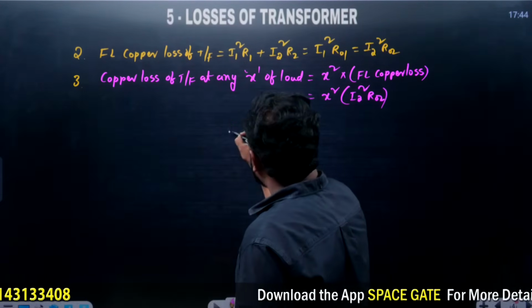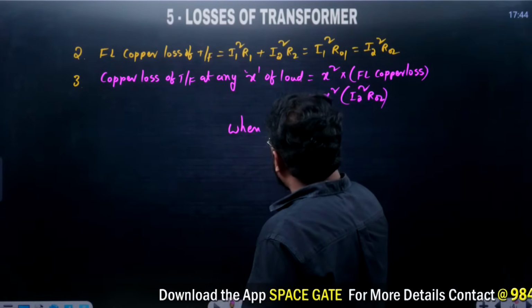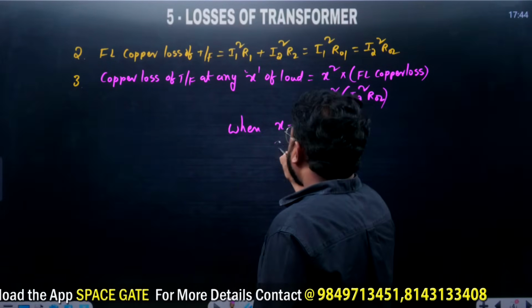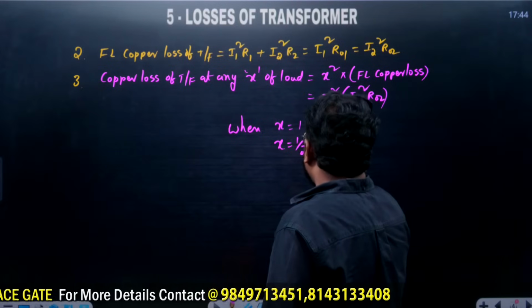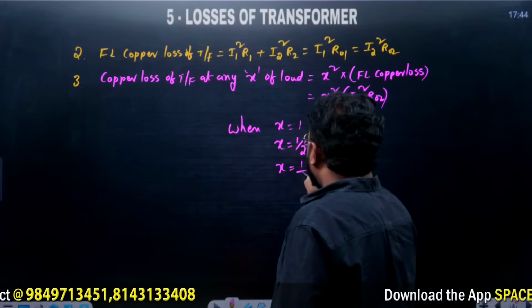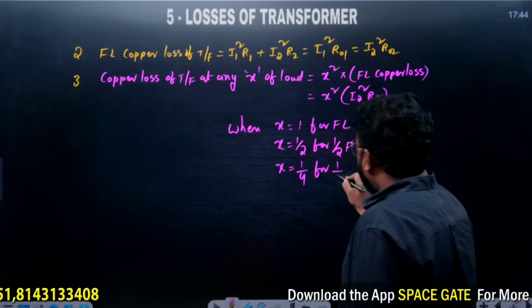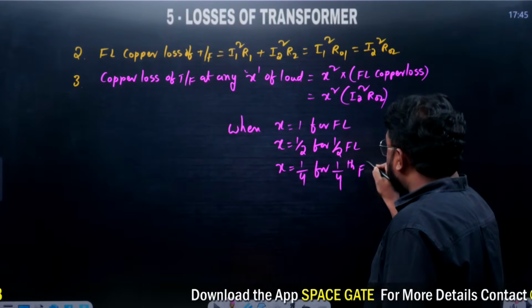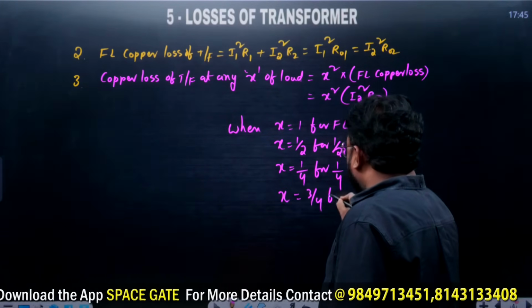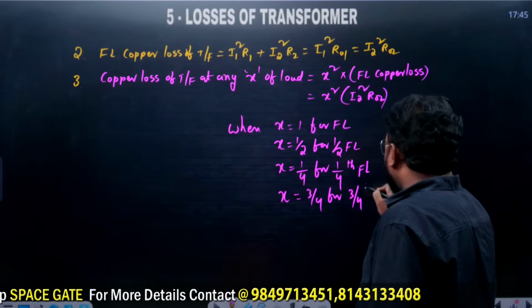Here x is equal to 1 for full load condition, x is equal to 1 by 2 for half full load, x is equal to 1 by 4 for 1 by 4th full load condition, and x is equal to 3 by 4 for 3 by 4th full load condition.